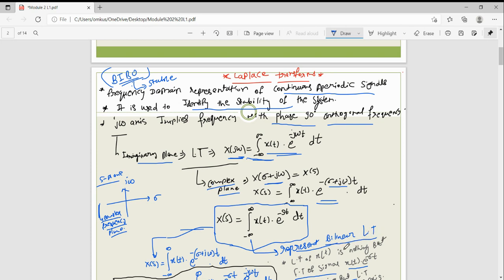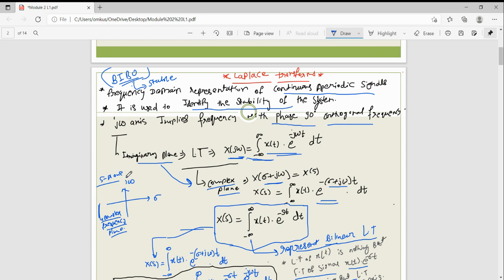Now convert this imaginary plane into the complex plane, because resistive elements are there in our network theory, conductance and resistance are also there. So you have to use a real term also, right?